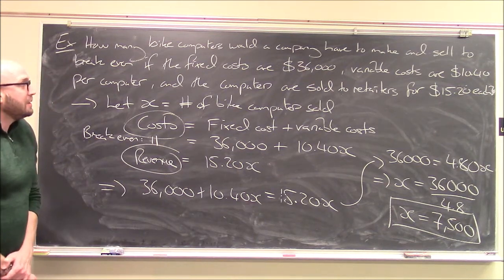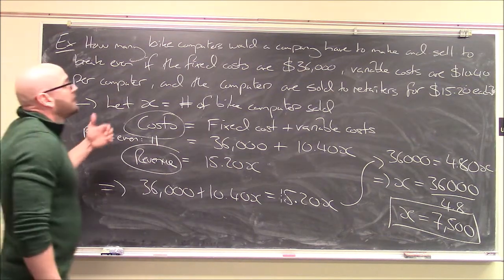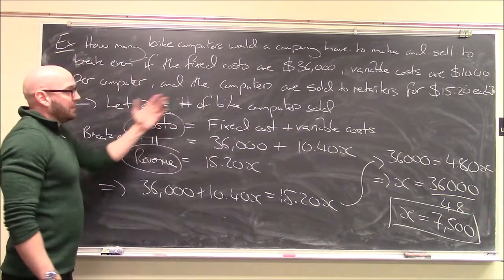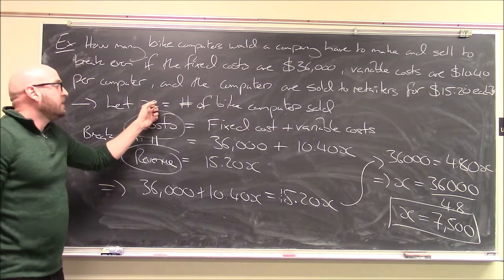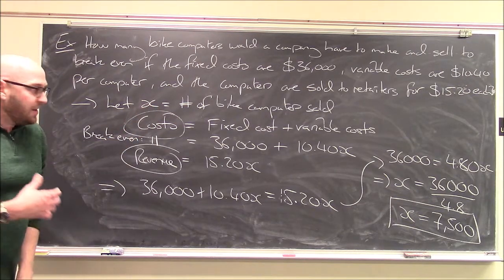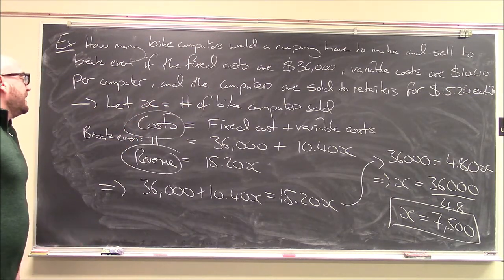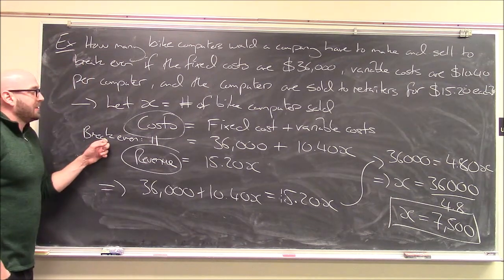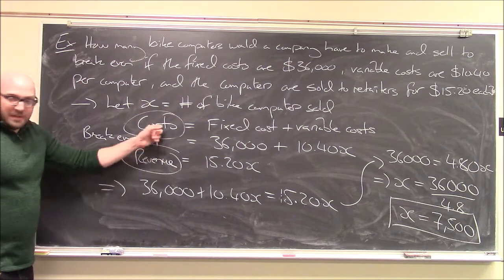And the process we went through here is the same thing. First, identify what am I solving for? What's the unknown? What I'm solving for is the number of bike computers that we sell, so we'll call that x. Then you have to set up an equation based on the context of the problem, based on what you know. To break even, I need my cost and revenue to be equal.